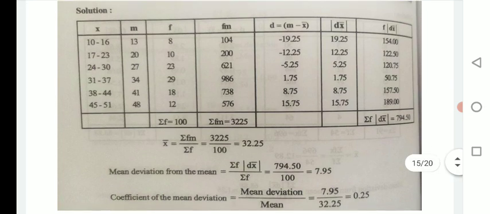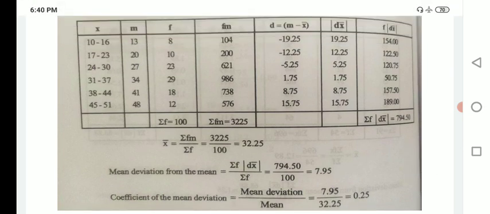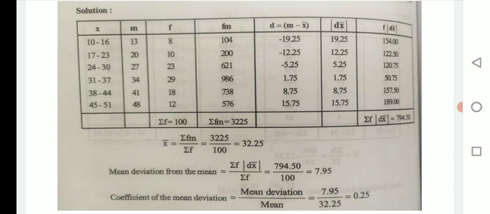Then you have to draw a table with x, then m. As it is group data, you have to calculate the midpoint in the second column. For the 10 to 16 group the midpoint is 13, because 10 plus 16 is 26, and divided by 2 it is 13. In this way you have to calculate the midpoint.